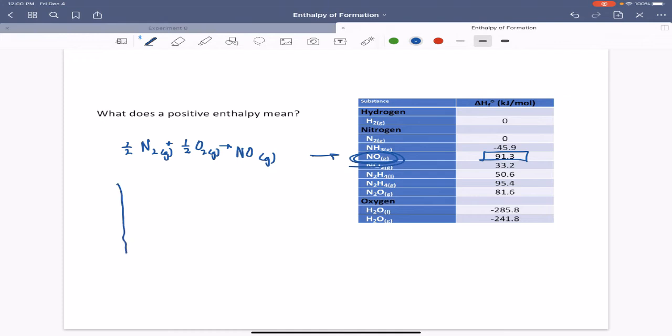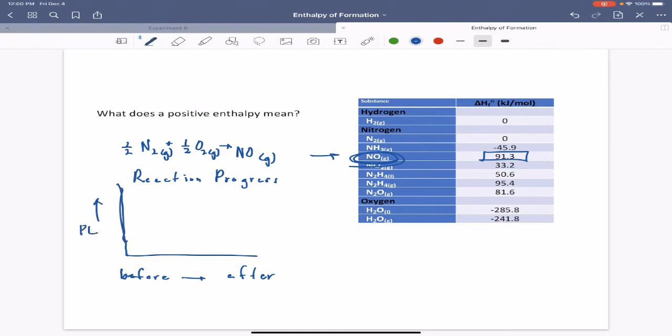There is a thing called a reaction progress diagram. That will be important in science. And we have the before here, moving to the after there, so left to right, just like we read. And on the y-axis, we're looking at an increase in hidden energy or potential energy.